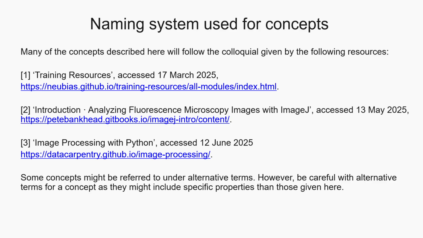And then there is the carpentry lesson called Image Processing with Python, which some of these concepts have come from. Now be careful when reading around the subject: when these terms are used, we'll be using the definitions described by these resources, and those from other resources might have slightly different properties associated with them.